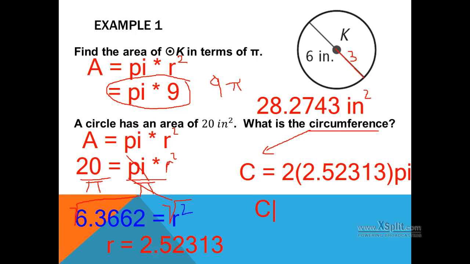All right. Circumference is 15.85. Since this is a distance, we're not going to put squared, we're just going to put inches. The distance around the circle that has an area of 20 square inches is about 15 inches.